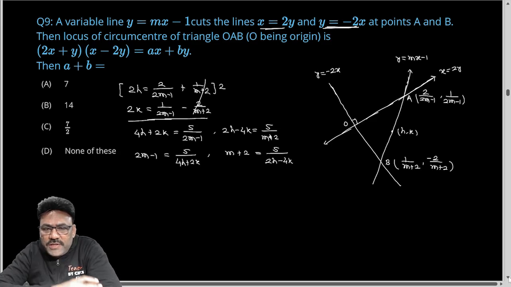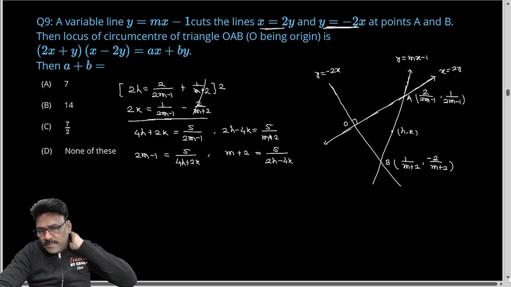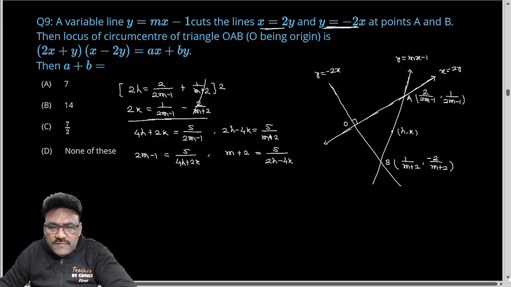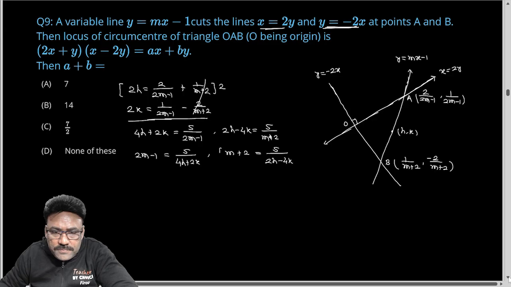So how will you eliminate m from these two? Multiply this equation by 2 and subtract this minus this.